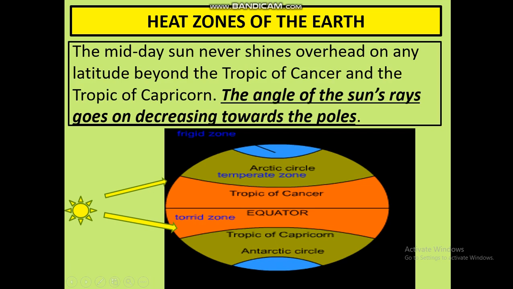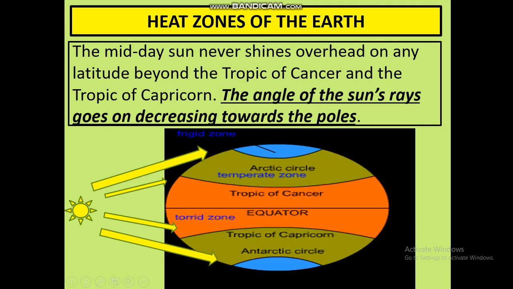Next, the midday sun never shines overhead on any latitude beyond the Tropic of Cancer and the Tropic of Capricorn. The angle of the sun's rays goes on decreasing towards the pole. As you can see, these lines are slanting, meaning these rays take more time to reach this portion of the land which is between the Tropic of Capricorn and Antarctic Circle.